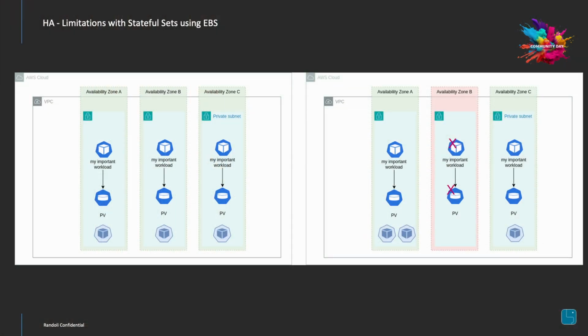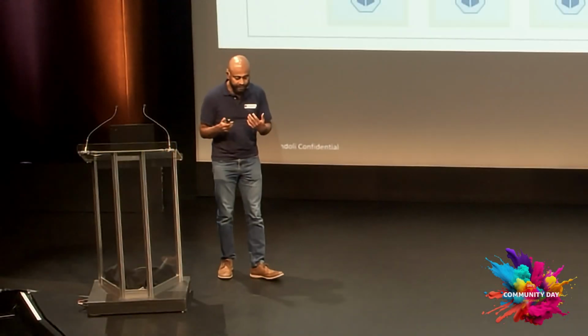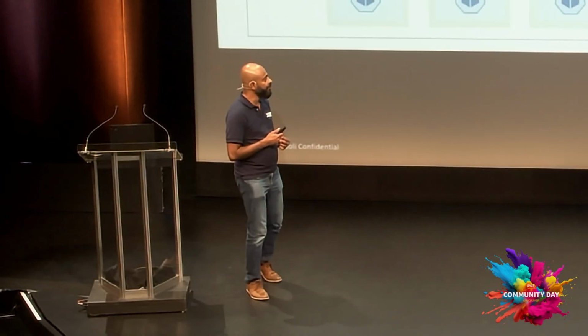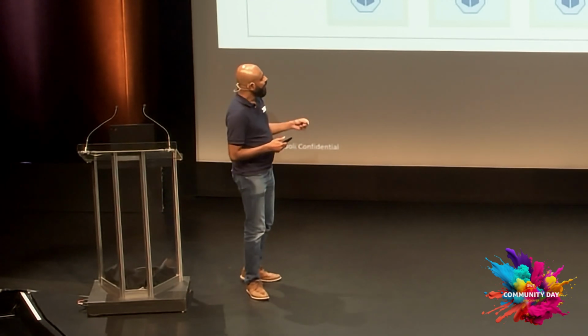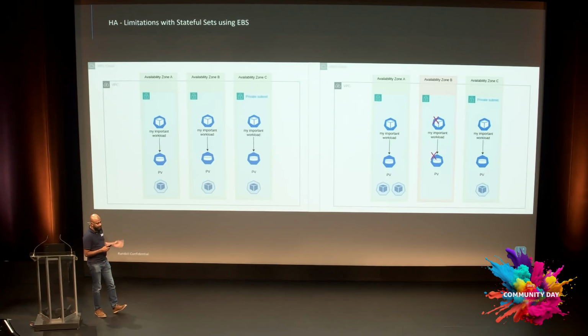If you do this, and let's say your important workload is backed by a persistent volume, and there's an outage in your availability zone or some issue like that, and that workload cannot be scheduled there, the issue is, if you use block storage like EBS, you won't be able to get it up and running in one of the other availability zones because that block storage is tied to that availability zone.